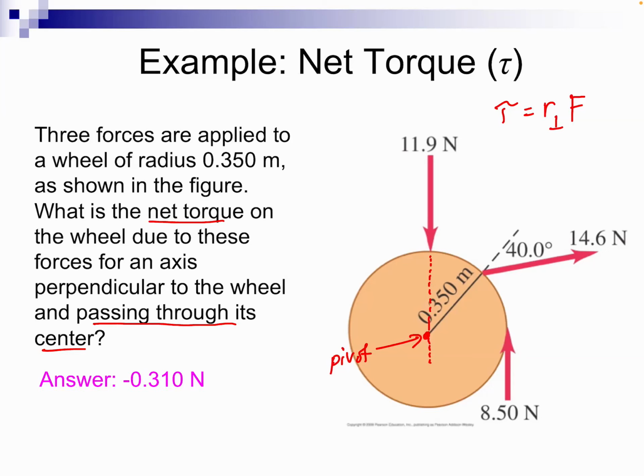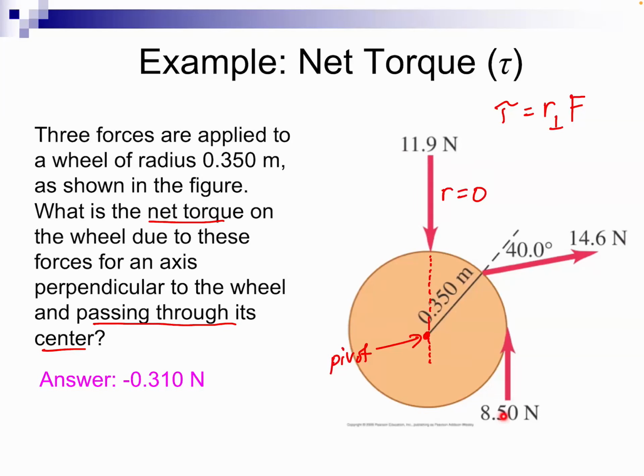So the moment arm for the 11.9 Newton force should be 0. You agree? The force just directly passes through the pivot, so we can't draw a perpendicular line.